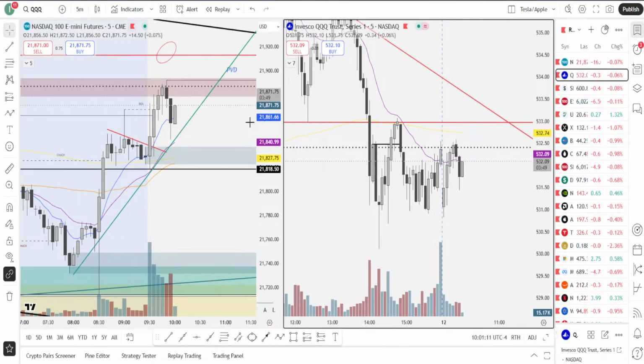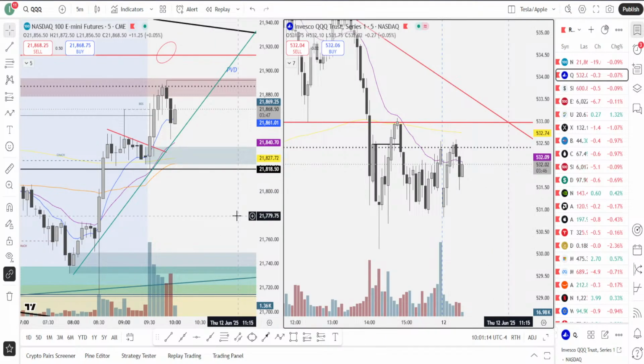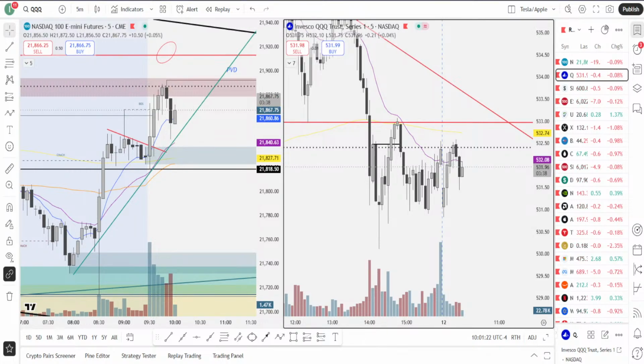All right, still fighting here. They're still fighting. If they're gonna push over this high here, I think they have to now.